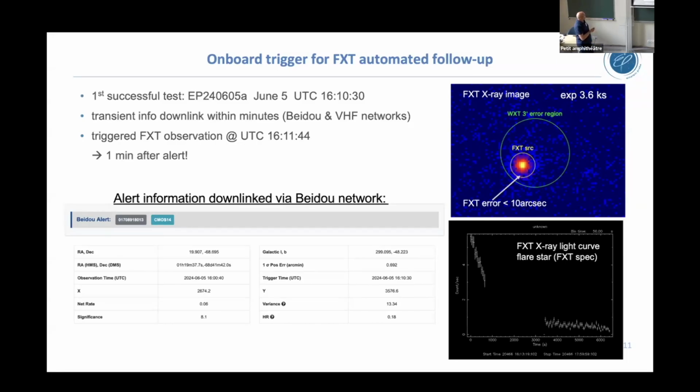The downlink was within minutes, and it triggered an automated observation with the FXT within 1 minute. So this is the WXT error region, and they found the afterglow with the FXT, but it was just an ordinary flare star.